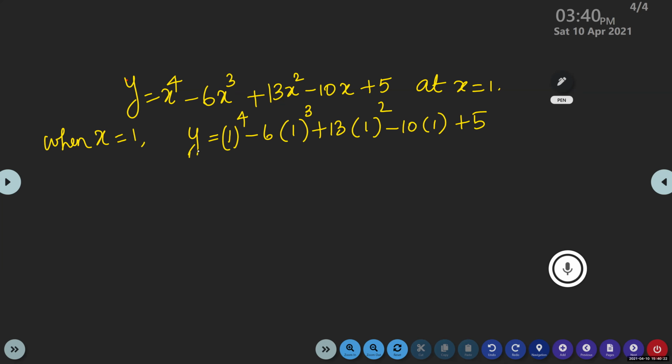How will you get minus 23? What is 1 raised to 4? Minus 10. Again wrong. Check it. 1 raised to 4 is 1. 1 raised to anything is 1 itself. So you'll get 1 minus 6 plus 13 minus 10 plus 5.